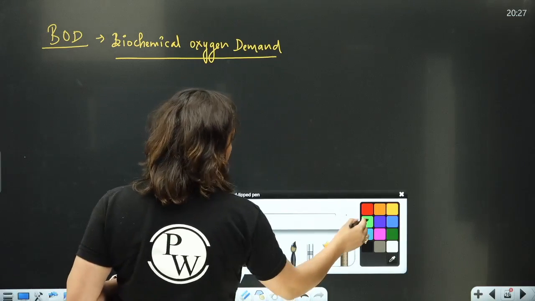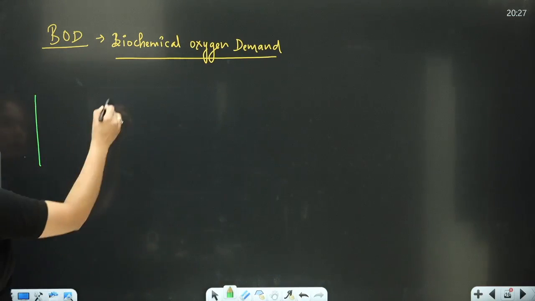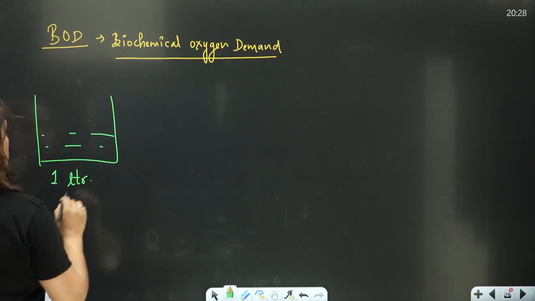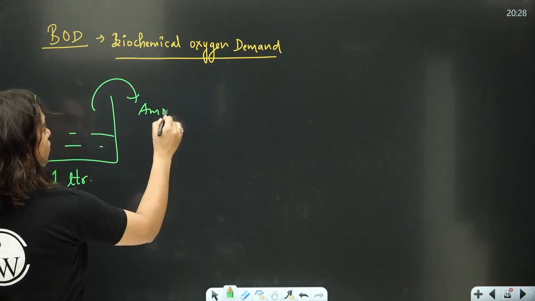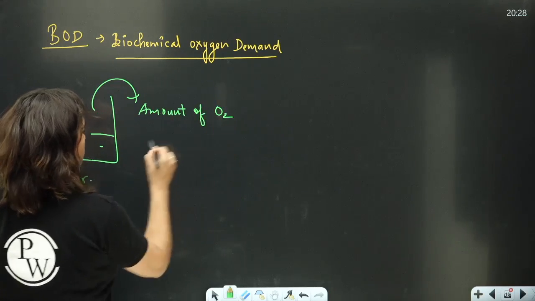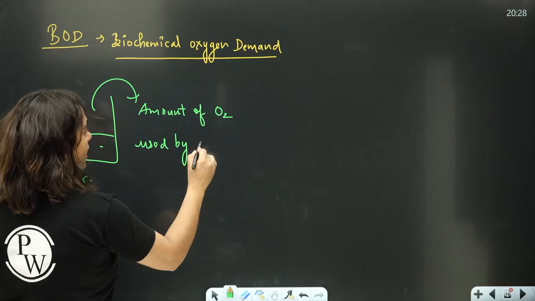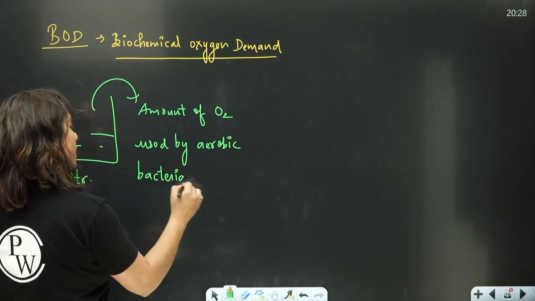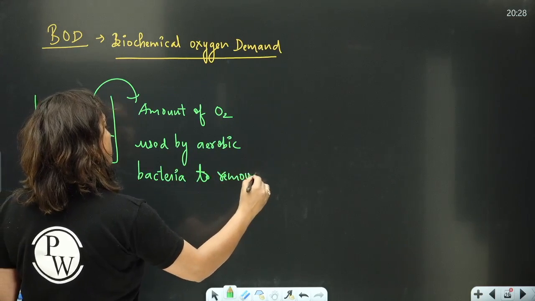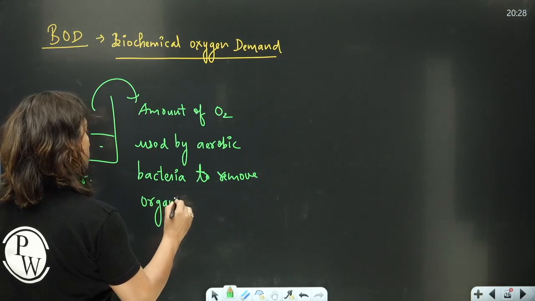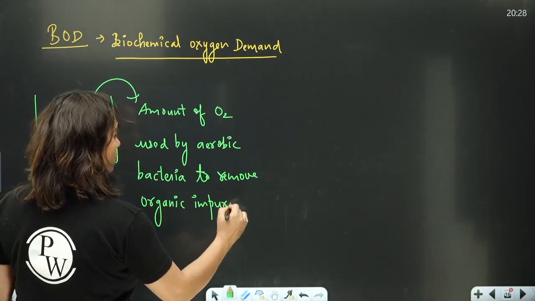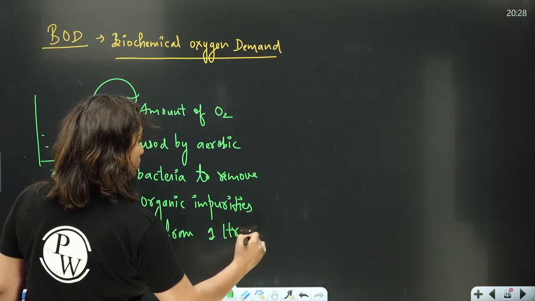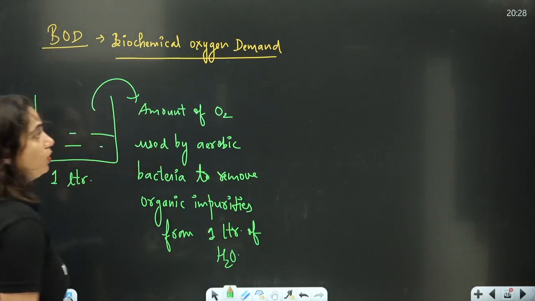Told you in Microbes in Human Welfare in full detail that if I take 1 liter of water, and there are impurities in this water, then the amount of oxygen used by aerobic bacteria to remove organic impurities from 1 liter of water, that is the biochemical oxygen demand.